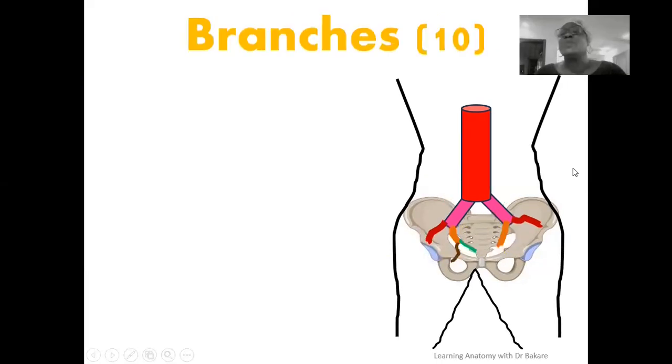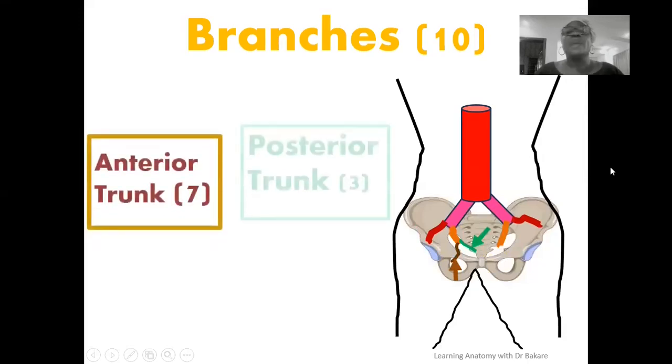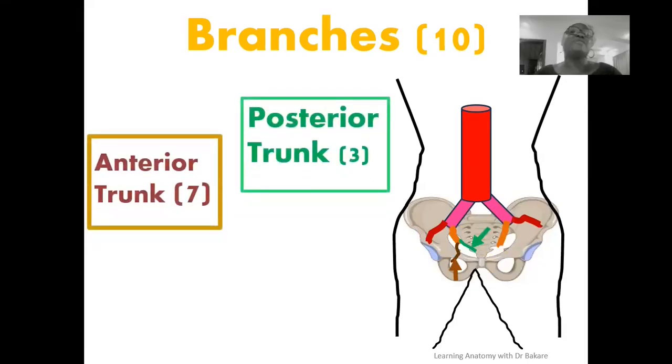So in totality, we have 10 branches from the internal iliac artery. But before these branches emerge, the internal iliac artery will initially divide into the anterior trunk and the posterior trunk. The anterior trunk gives off 7 branches, and the posterior trunk gives off 3 branches. If you sum it up, in totality we have 10 branches.